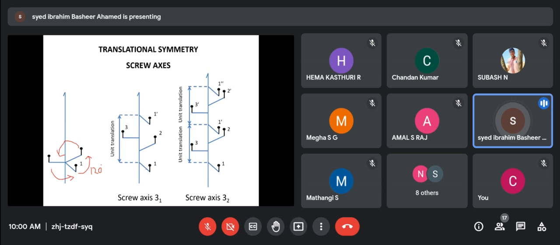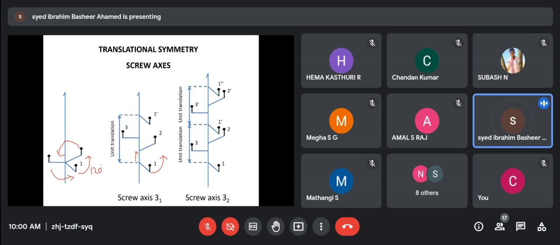So what I am doing is, I am rotating to get this molecule. I am rotating 120 degrees, okay? So it will go to the same angle, but not reach this. So for that, what do I have to do? I have to translate a unit distance.